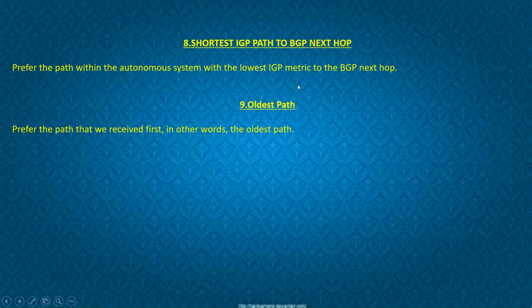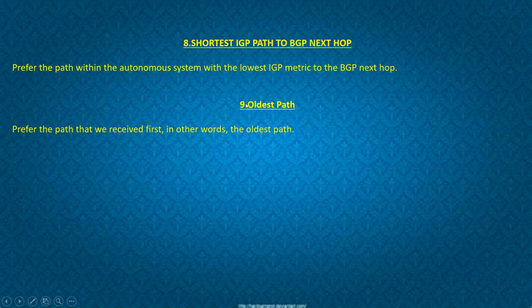So IBGP is not a good option to consider for path selection. That's why we check whichever IGP path has the lower metric to reach the next BGP hop, and that will be considered the best path.